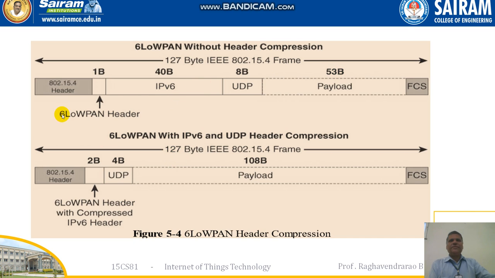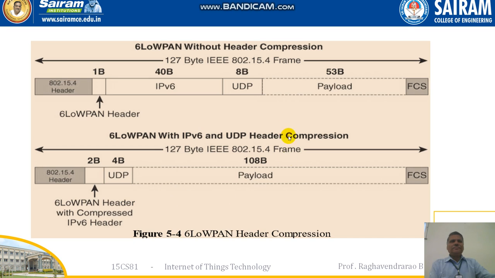Here 1 byte is consumed by the 6LoWPAN header, if it is present. Then we have IPv6 at 40 bytes, 8 bytes of UDP and 53 bytes of payload. This counts the number of payload bytes available in the packet.